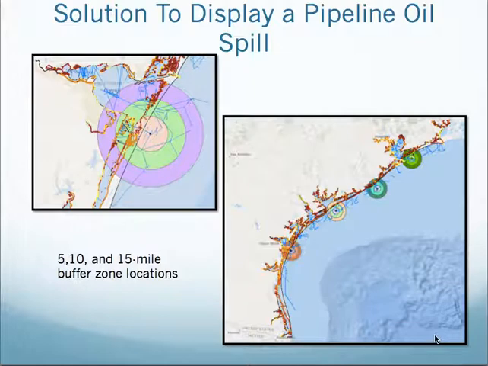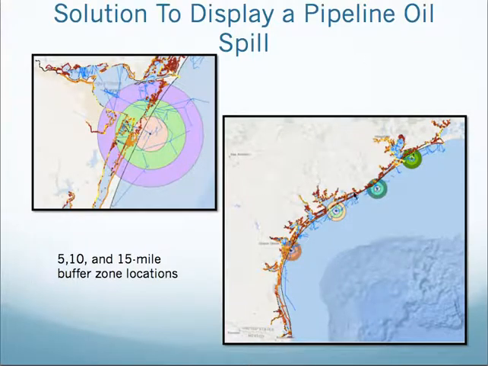And then to display these oil spills, I've got my 4 locations here. I created a multiple ring buffer zone of 5, 10, and 15 miles around my oil spill points to show what environments would be included in these buffer zones, and to show what areas would be affected.